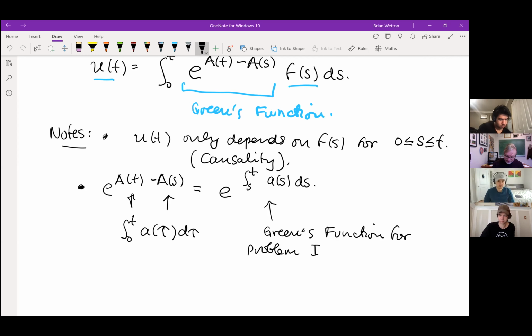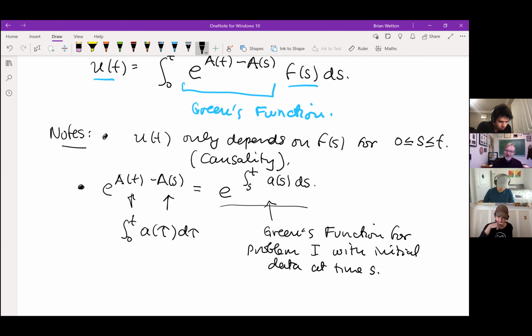So this is the Green's function for the interior forcing, the F, but I'm telling you that the thing that appeared is exactly what would come as the Green's function for the initial data, but with the initial data at time s.